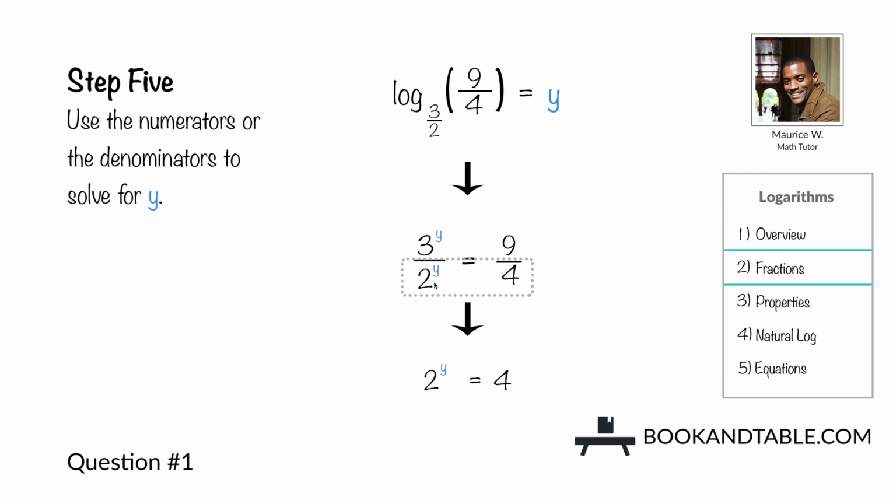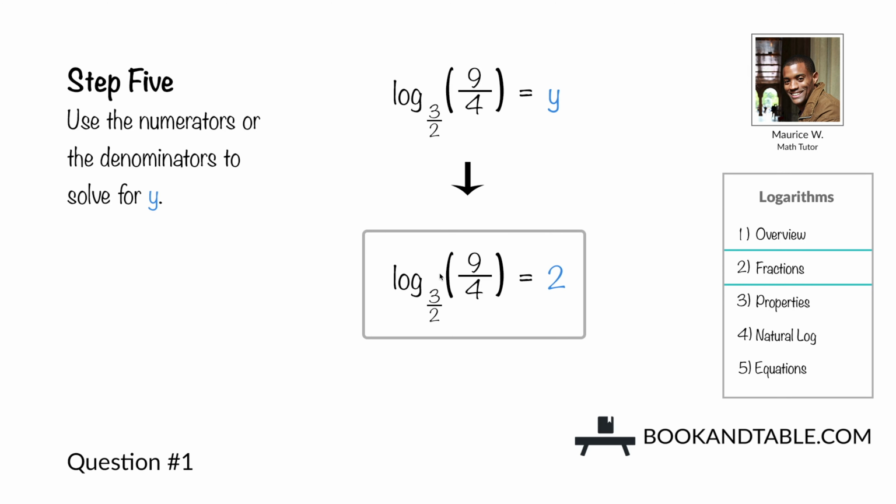Or if you chose to use the denominators instead, you would have gotten 2 to a power of y is equal to 4. And 2 times 2 is equal to 4, again showing us that you multiply the base 2 times, letting us know y is equal to 2. So the answer to question number 1 is log of base 3/2 of 9/4 is equal to 2.